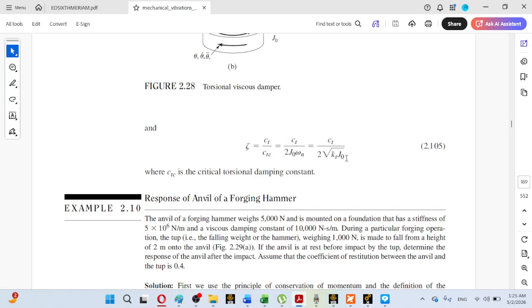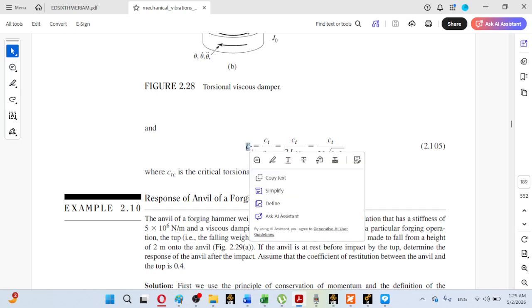After that you will be multiplying it with this damping factor which has been assumed to be 0.3, so you will be obtaining 184.346 Newton meter second per radian.